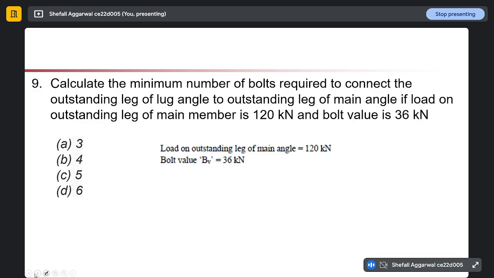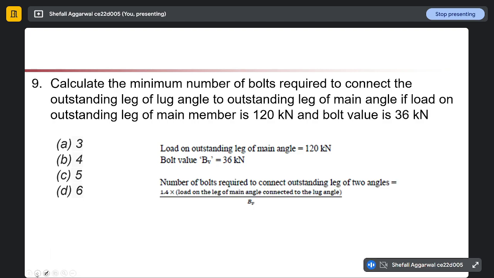So what is given is the load on the outstanding leg of the main angle, 120 kilonewton, and the bolt value, 36 kilonewton. How will we calculate the number of bolts? It is given by 1.4 into the load on the leg of the main angle divided by the bolt value. From here the number of bolts required comes as 5.